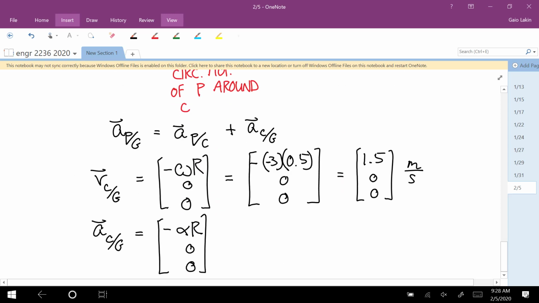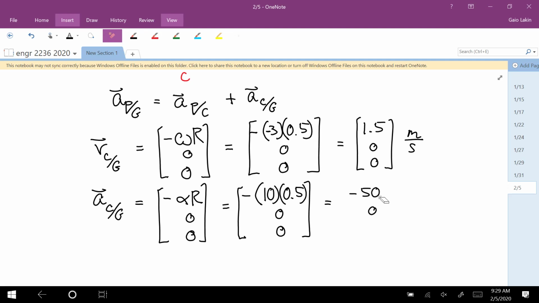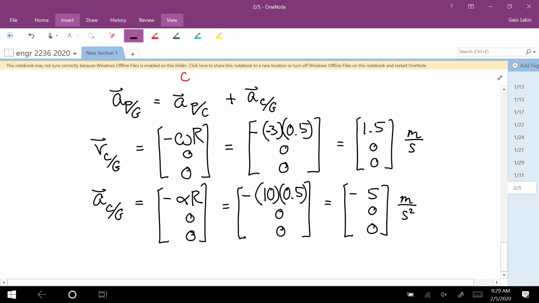Positive 10, yep. So this is negative of positive 10 times 0.5, 0, 0. And so that's negative 5, 0, 0. And this is meters per second squared.